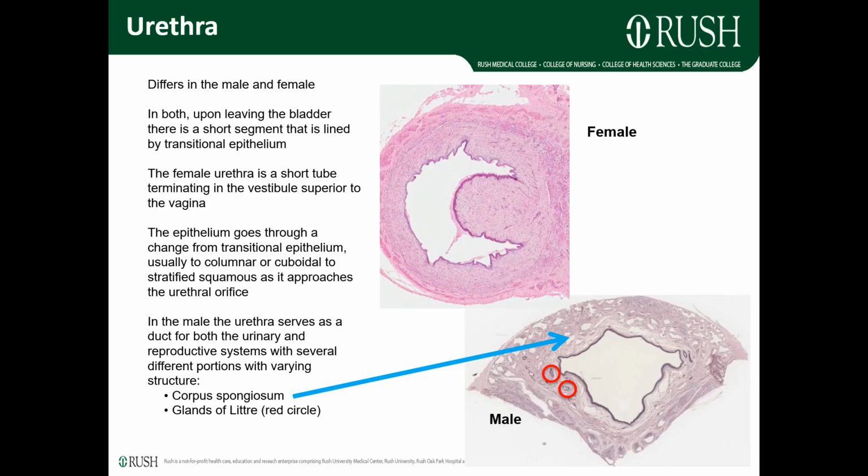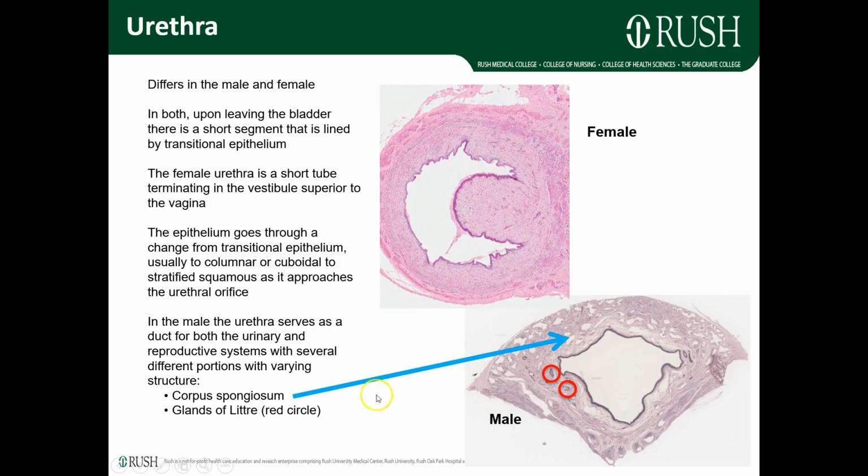In the male, the urethra, seen here, serves as a duct for both the urinary system as well as the reproductive system, with several different portions with varying structures. We won't talk about that in this particular video because we'll be covering that in a little more detail in the male reproductive system, which will be the next histology section.